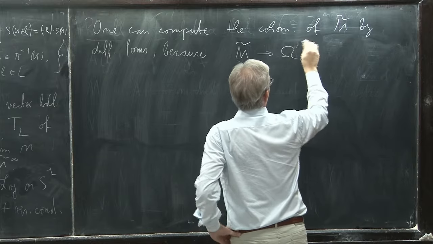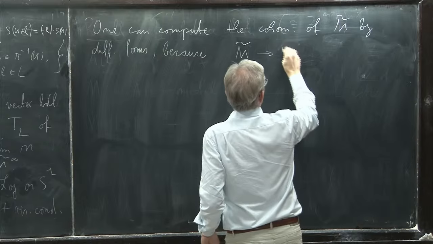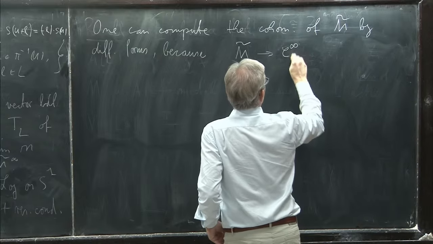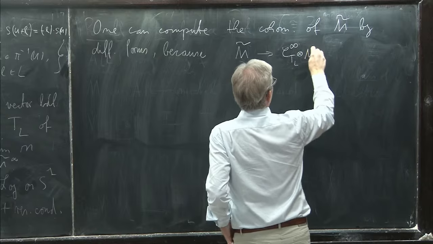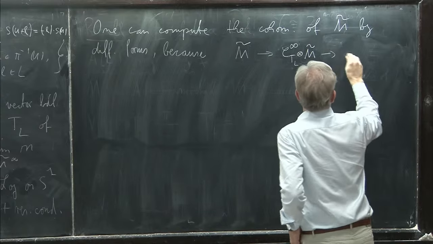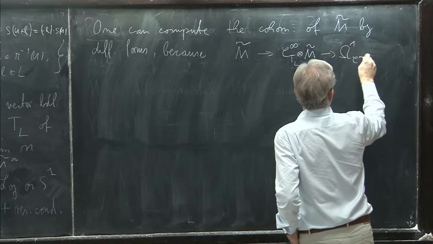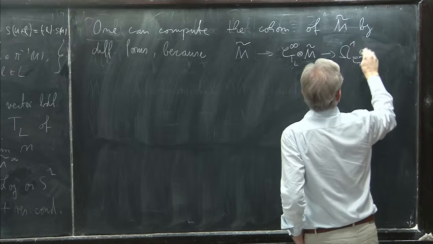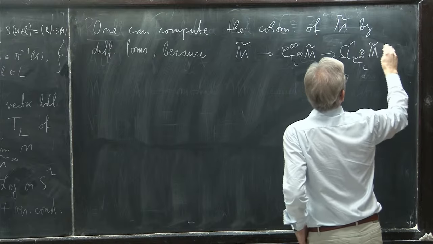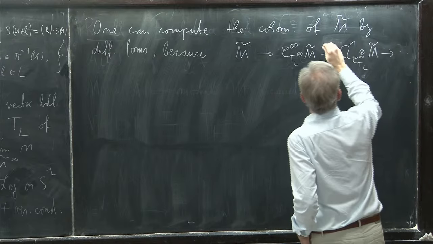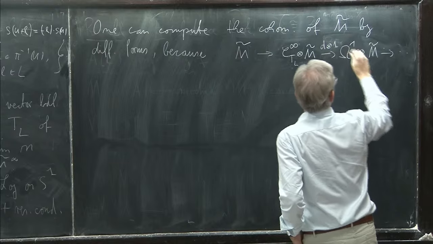So here's this whole complex. So maybe I write it a little bit more here. So M tilde, then you go to omega 1, C infinity, M tilde, and so on. You always take this differential here.